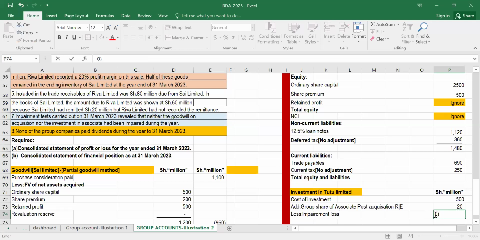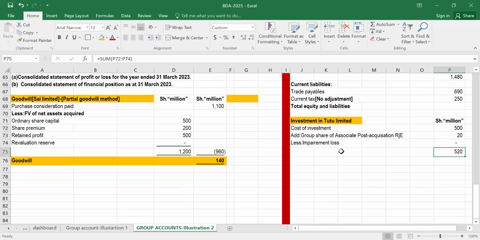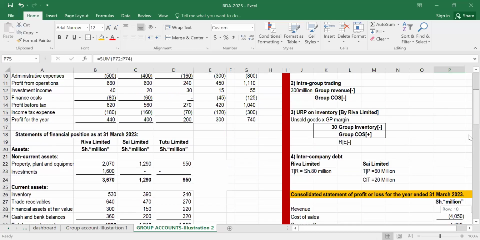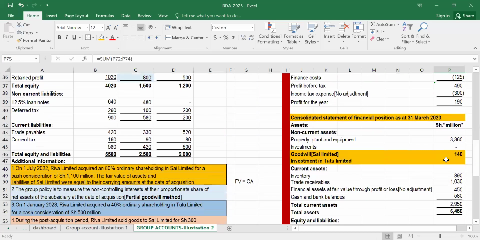But in case there was any impairment loss, you come and deduct it down here. In our case, it had not impaired. So we get the total amount here, which will basically be 520, and that's also what we need to recognize here as a non-current asset.